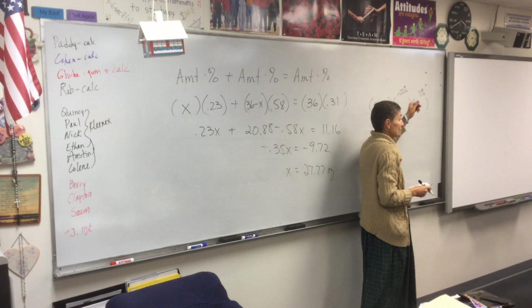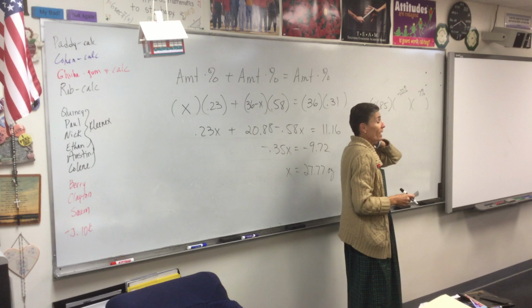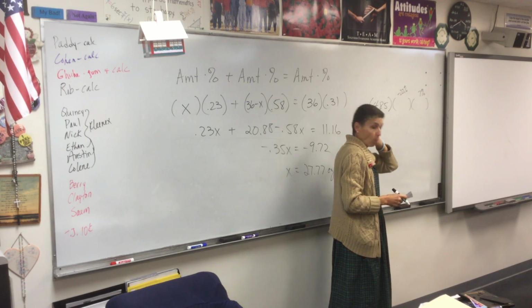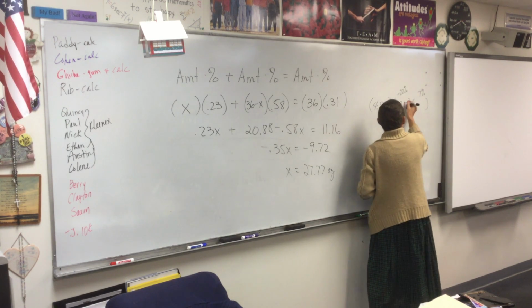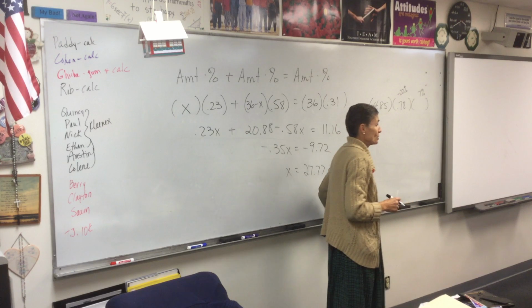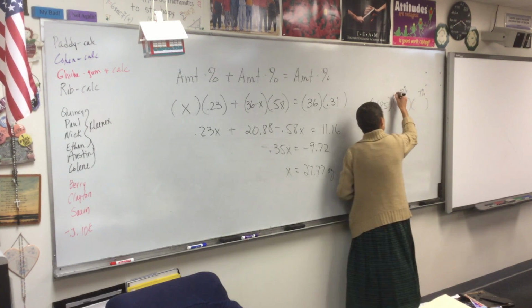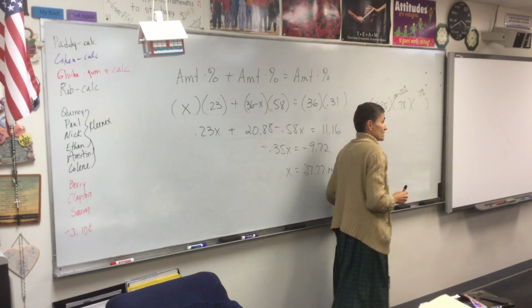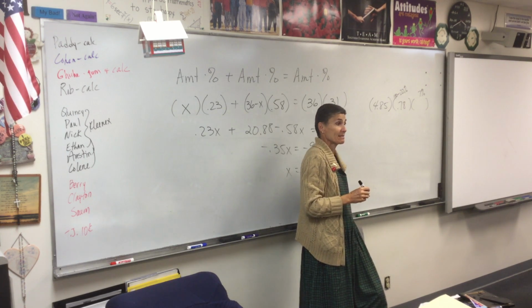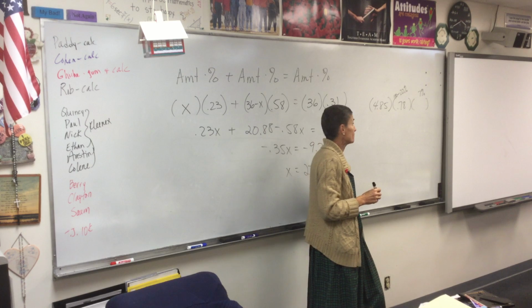So a 22% decrease goes in as what decimal? 0.78. 1 minus 0.22. Remember, if it's a discount, you do 100 minus that percent. So 100 minus 22 is 78, so it's 78%.